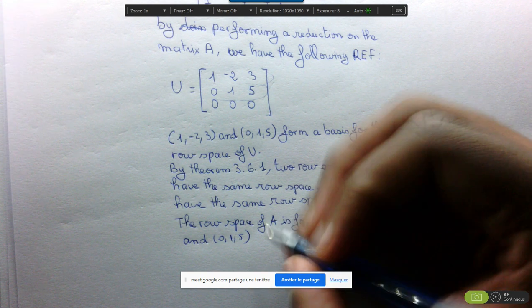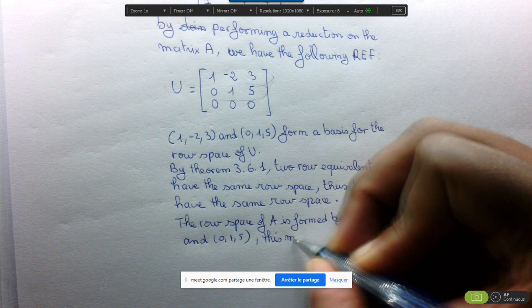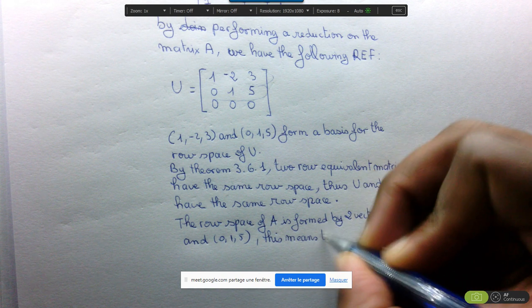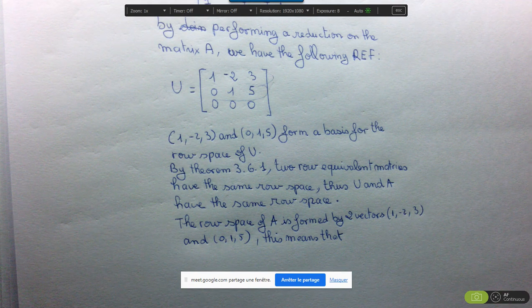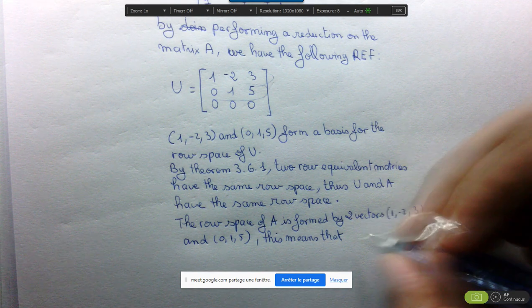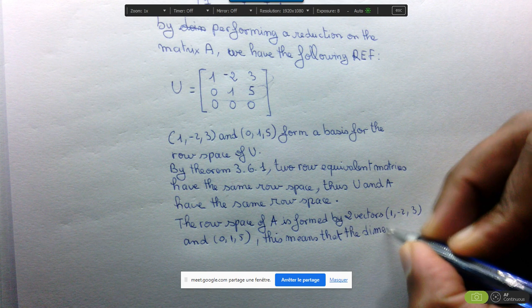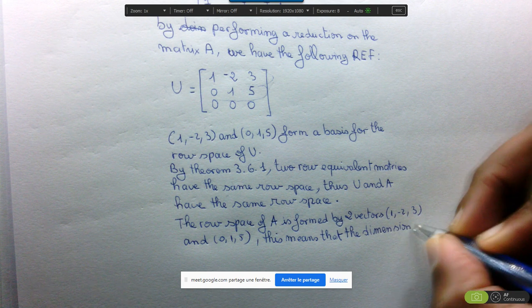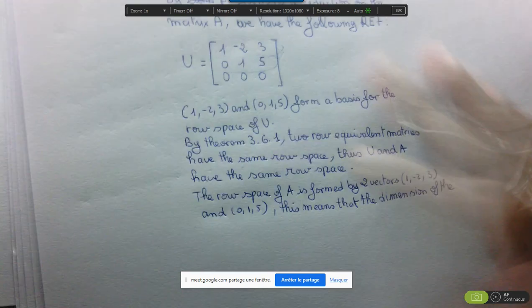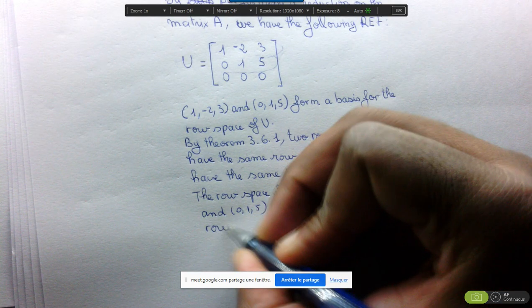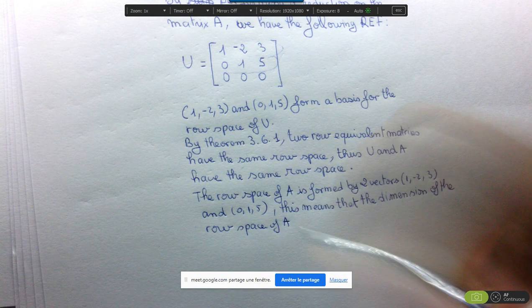This means that the dimension of the row space of A is 2.